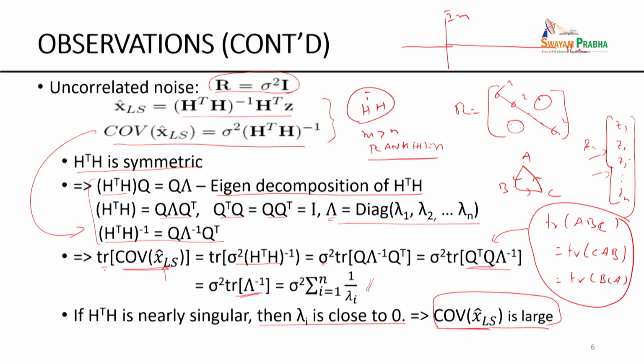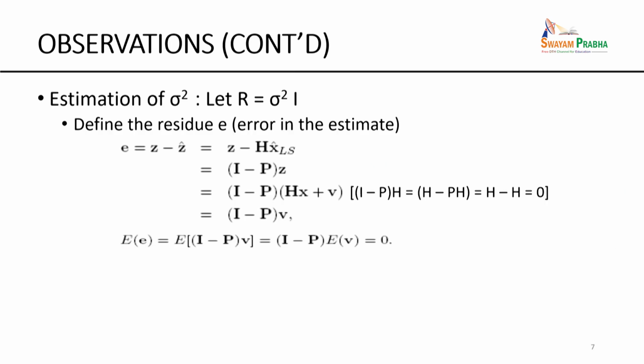So I lose efficiency in the statistical context if there is collinearity between columns of H. Collinearity between the columns of H is reflected as the smallest eigenvalue of the smaller of the two Gramians, H transpose H, being close to 0. So I would like you to be able to relate all these quantities.